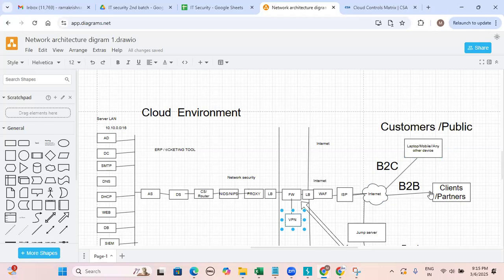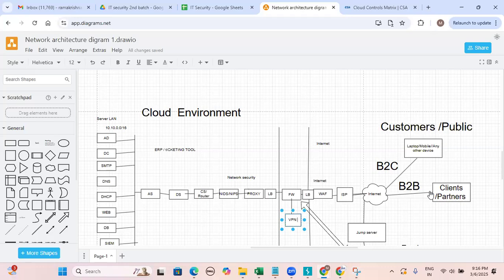I don't have my own payment gateway for debit card, credit card, or financial transactions to accept payments, so I go to Razorpay. That is a third party. Whenever a customer pays using Razorpay or any other third party, like PhonePe, Google Pay, or PayPal, those are third parties.